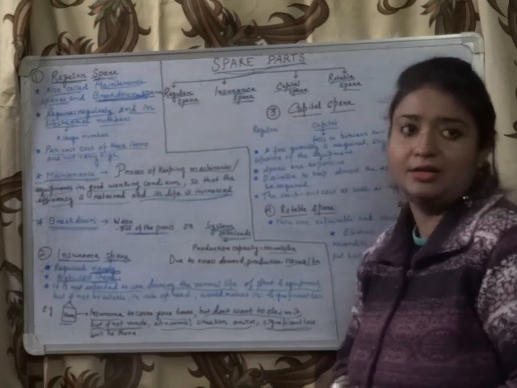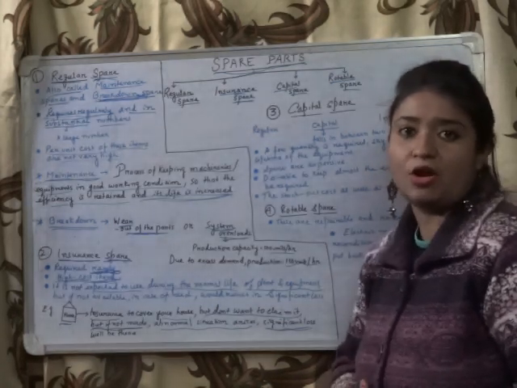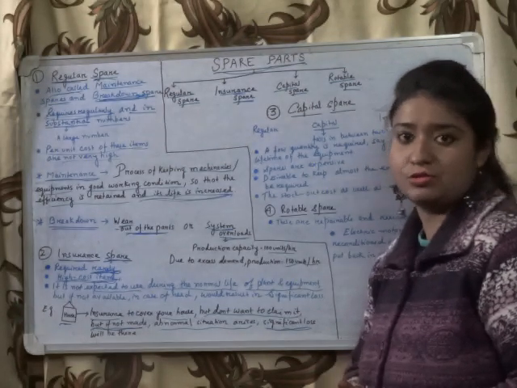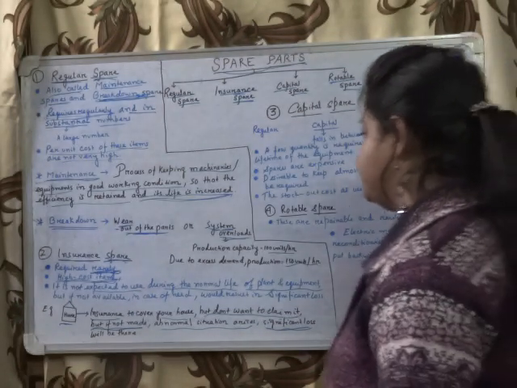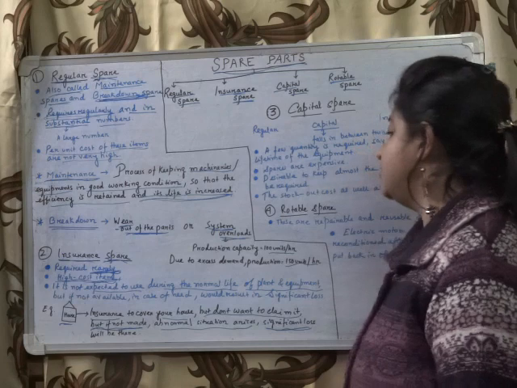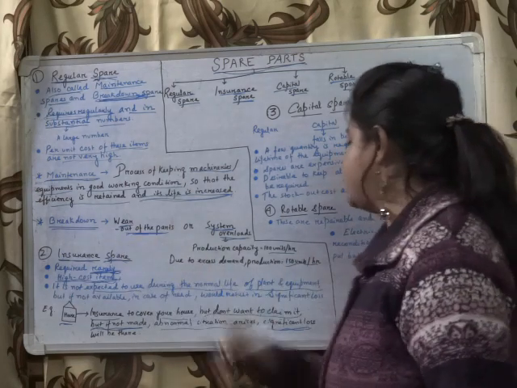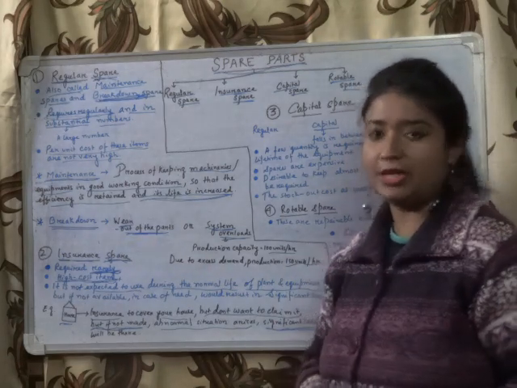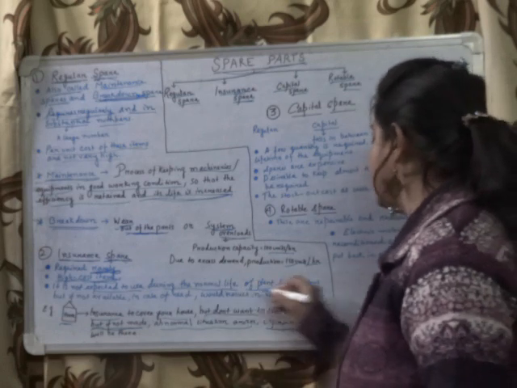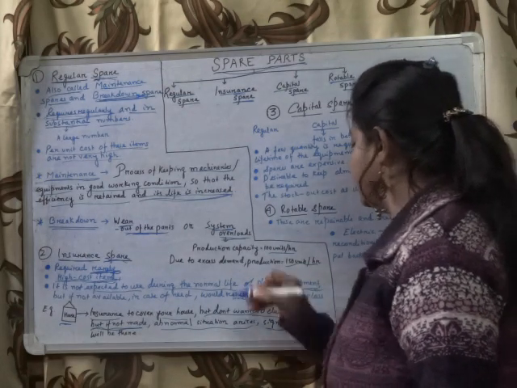We don't want any unpredictable loss to occur with my house, right? Like that, the company also doesn't want this type of spares to be required during the normal life of the plant and equipment.